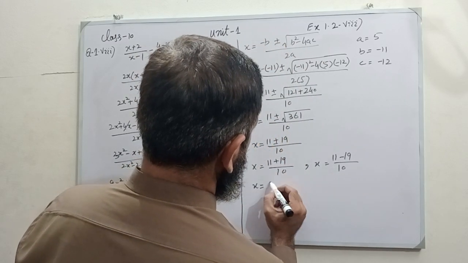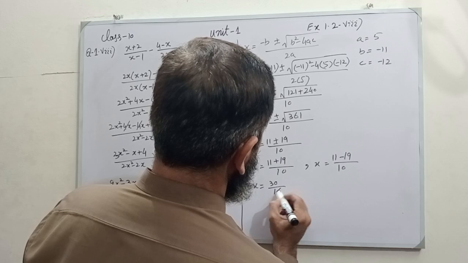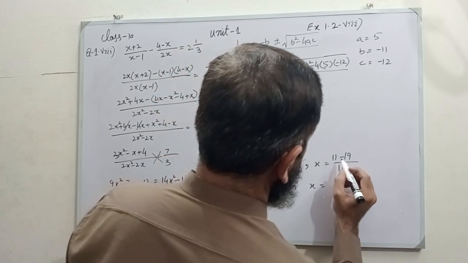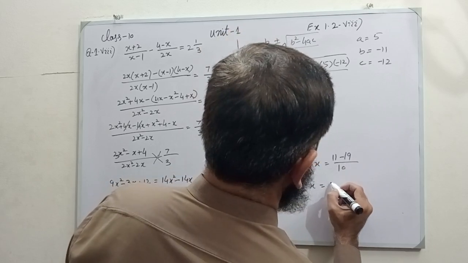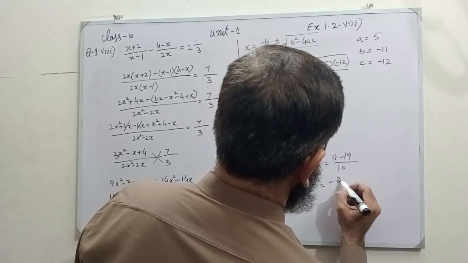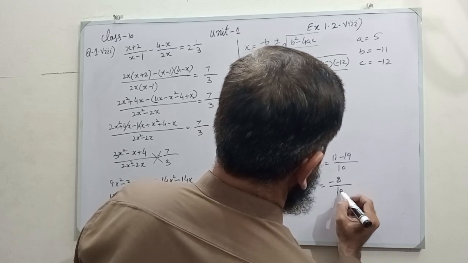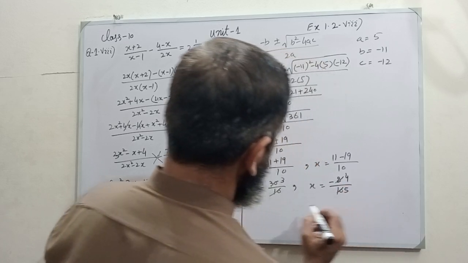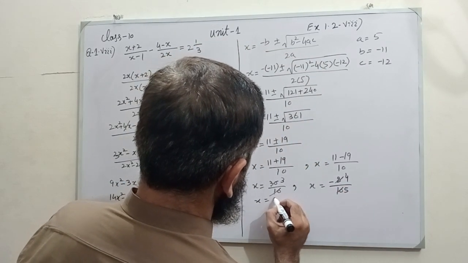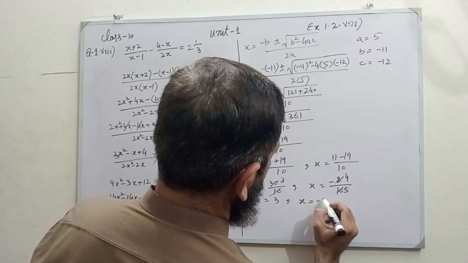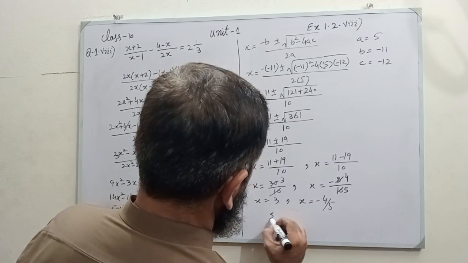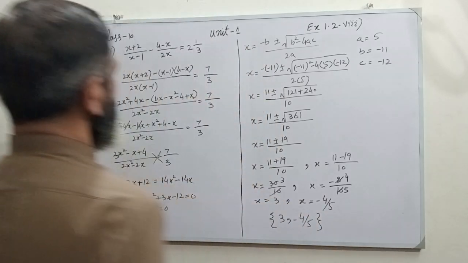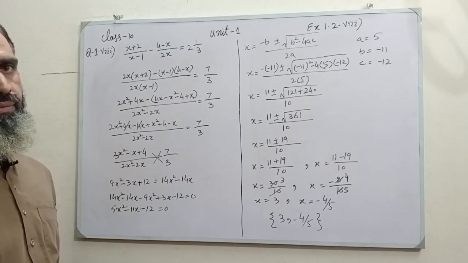This is x is equal to 30 over 10, 10 3s are 30, and x is equal to minus 8 over 10. 2 5s are 10, 2 4s are 8, so x is equal to 3 and x is equal to minus 4 over 5. This 3 and minus 4 over 5 are the solution set of this equation.